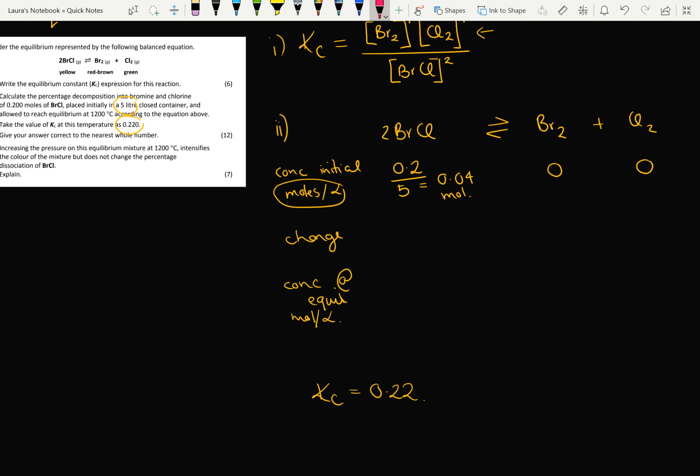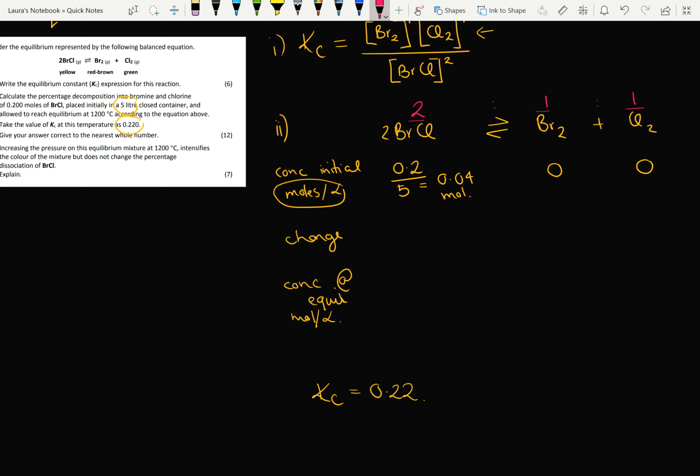So we've practiced a few of these already. Now we need to take into account our ratio before we start adding in our x. So we know that it's a 2 to 1 to 1 ratio. So that means that for every 2 moles of BrCl that we start off with, 1 mole of Br2 is produced and 1 mole of Cl2 is produced.